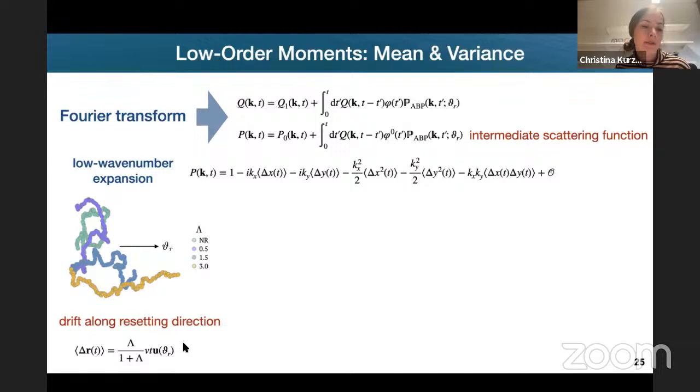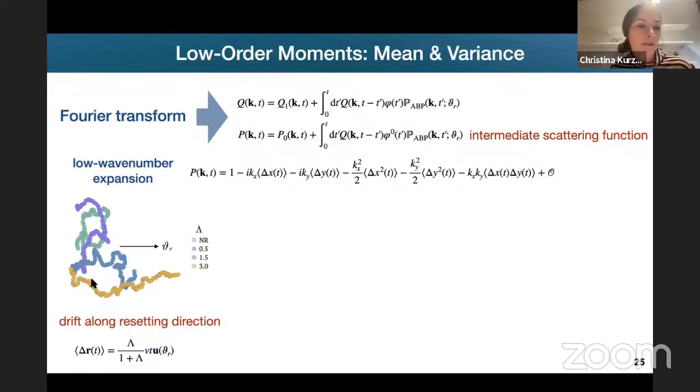In fact, the mean displacement scales with lambda over 1 plus lambda, which is this reduced resetting rate, and it's along the direction of the resetting angle. So if lambda is really large, we get simply directed motion along your external field. But if lambda is small, you would have a linear increase in lambda.